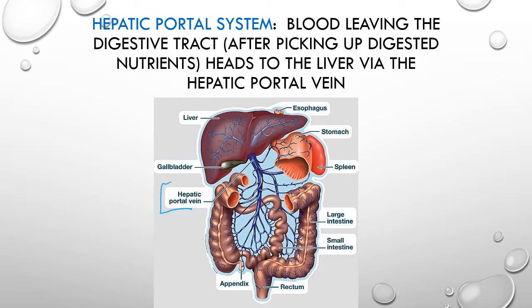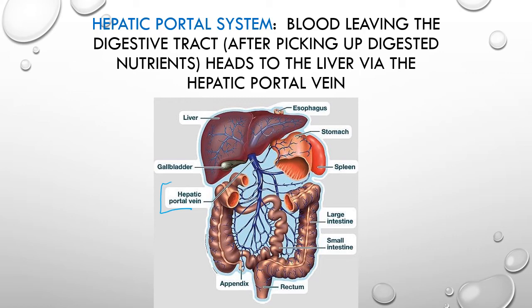And as it takes that nutrient load into the liver, if it's in need of glycogen stores, it's going to take some of that glucose and store it away as glycogen. If it needs some lipids, and we'll talk about this in the next set, if we need to package up lipids and send them along the way, we can send them along to do what they need to do.